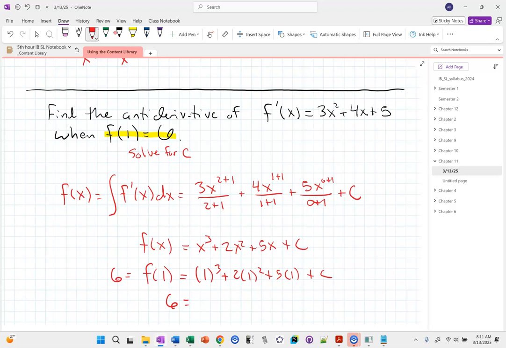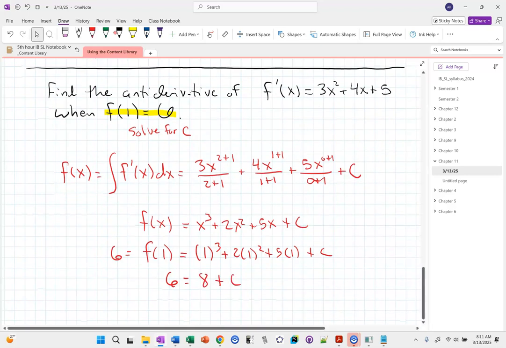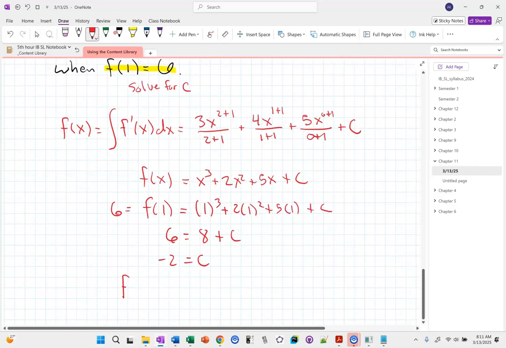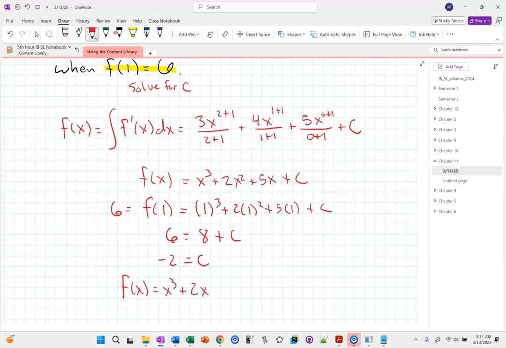So I can say that 6 is equal to 8 plus c. So c is negative 2. So we can say our final answer then is this guy.